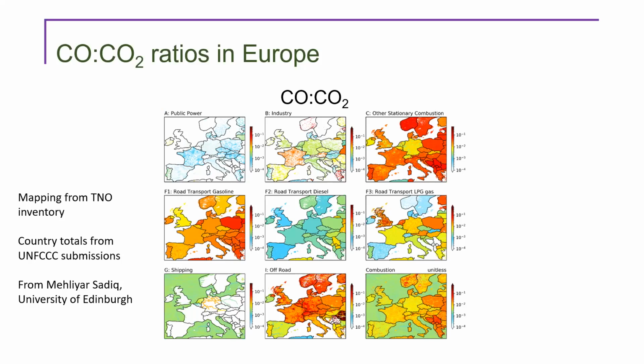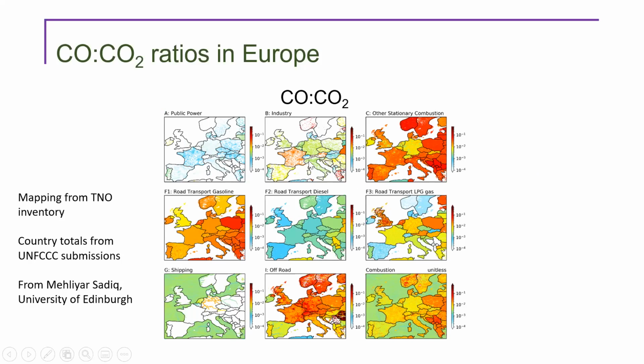And so you see things like public power, where they probably have much more control over what they're emitting and capturing the CO, or making sure that combustion is more complete. Then you get these very low ratios, whereas for other sectors such as stationary combustion or off-road emissions, you see much more CO per CO2. But the other thing to note is that different countries have very different ratios.